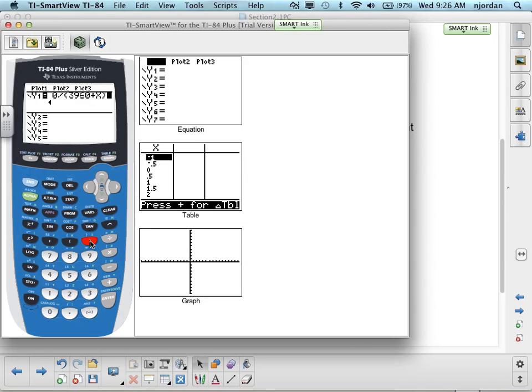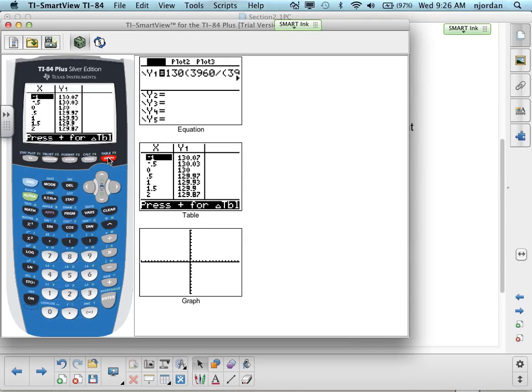Close the parenthesis for the denominator and the function that needs to be squared, and then we'll square it. Okay? So now what we want to do is look in our table. I'm not sure how I have my table set up. Okay, so here we go.